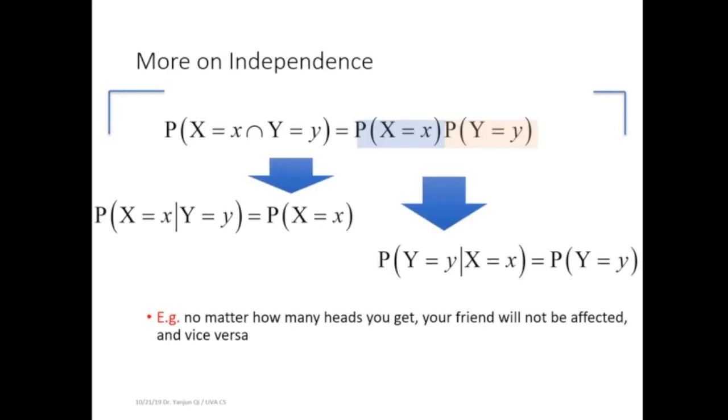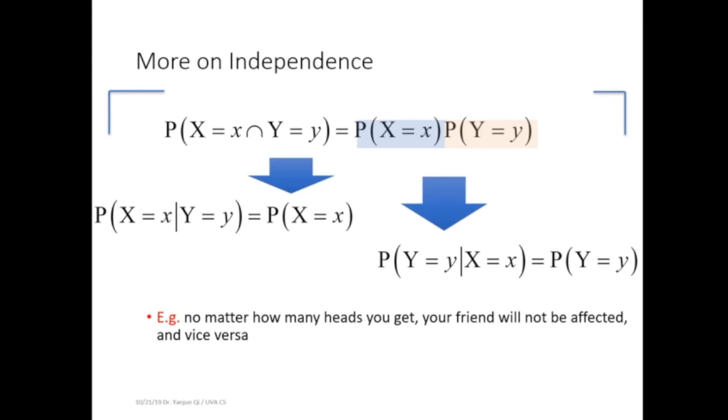It has a different formulation: if and only if the conditional probability equals the marginal. These three views are equivalent to each other. If p of x conditional on y equals p of x, it's also a necessary and sufficient condition, and this is also a different view of it.